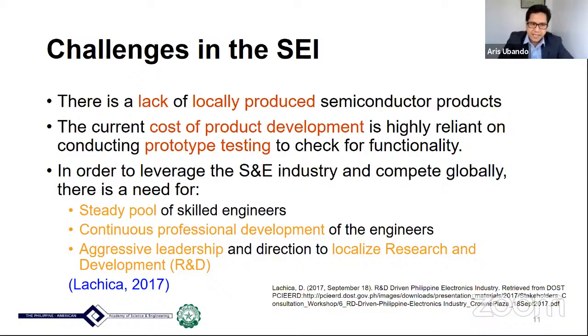We need a steady pool of skilled engineers who can actually do the specific details of packaging, development of packages and development of materials. Continuous professional development of engineers focused on specific areas of the SNE industry, and aggressive leadership and direction to localize research and development is a requirement for us to be able to address these challenges in the Philippine semiconductor industry.